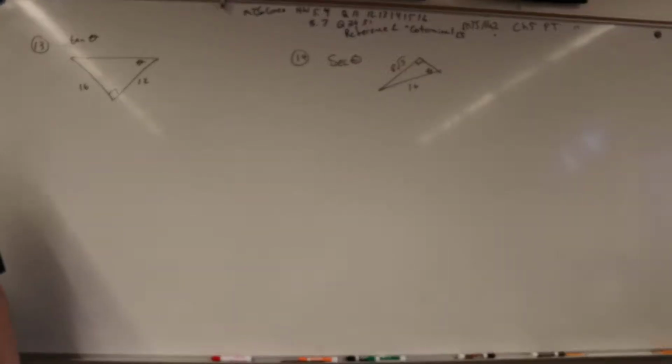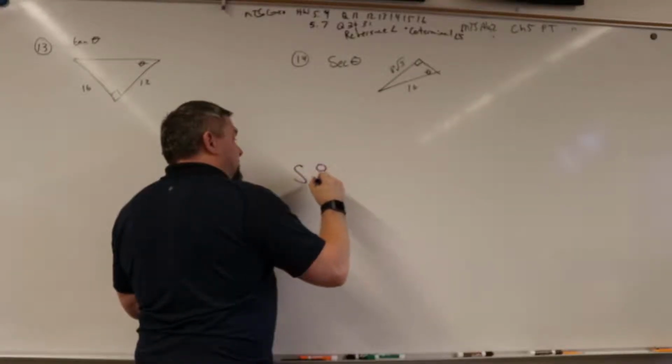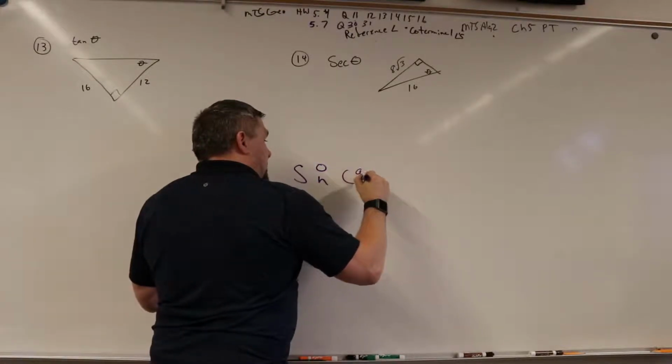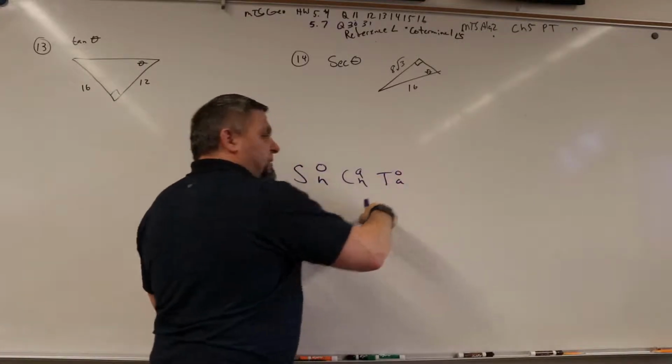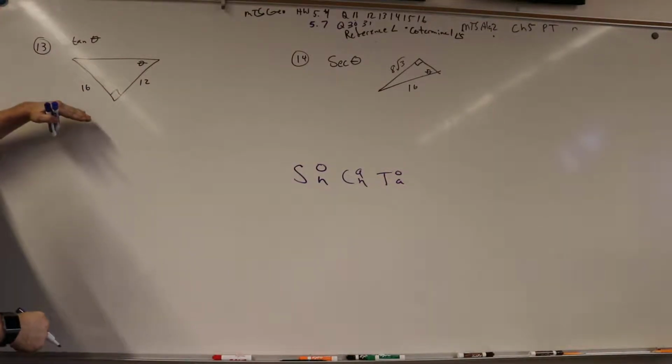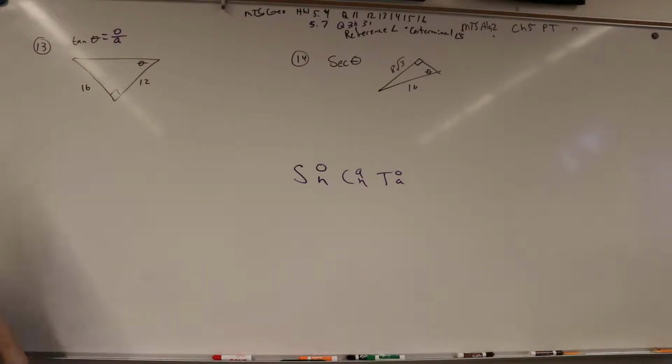So, tangent. What is tangent? We have to remember: opposite over adjacent. Okay, so SOHCAHTOA, and yes, opposite over adjacent. Then we have to think about what we are talking about.